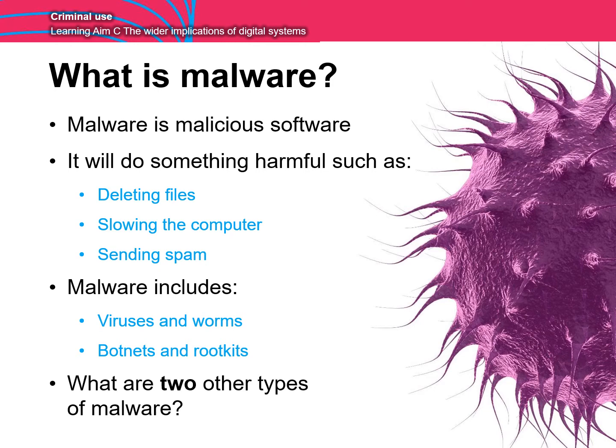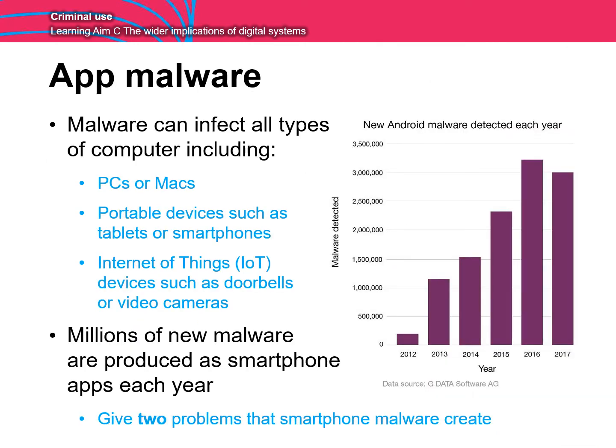Some examples of malware include viruses and worms, botnets and rootkits. In our previous videos, we also covered other malware such as ransomware and Trojan horse. A new piece of malware we can look at is called app malware. Clearly this has taken off since the development of apps.